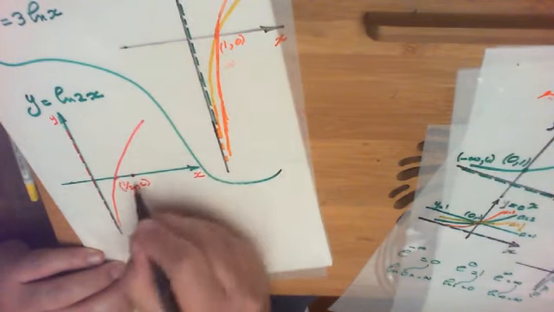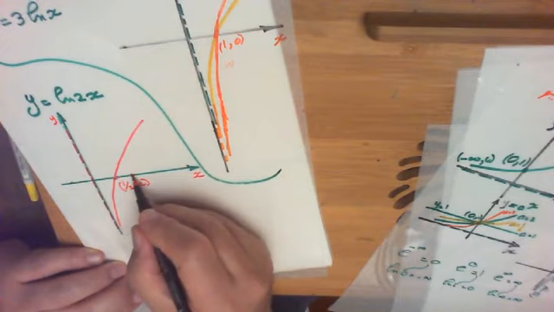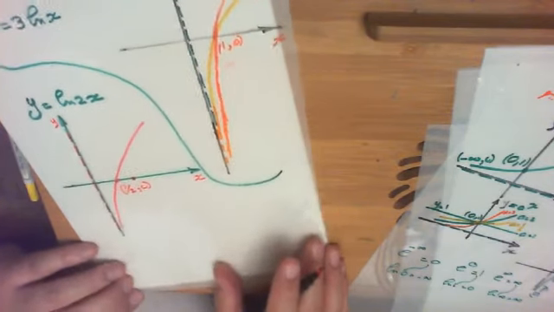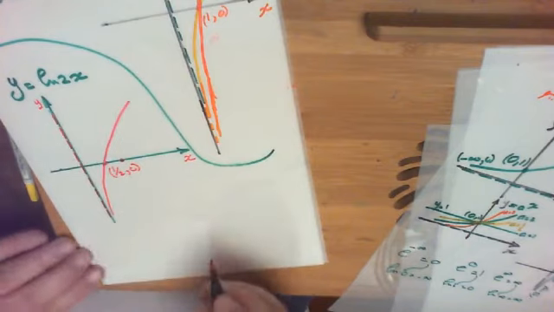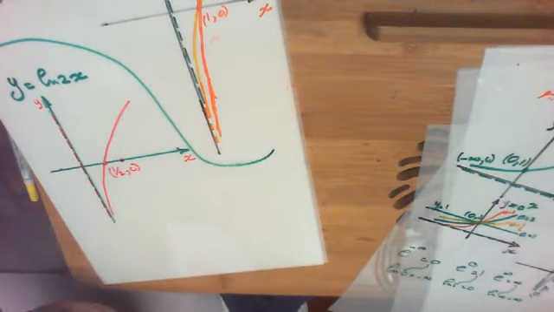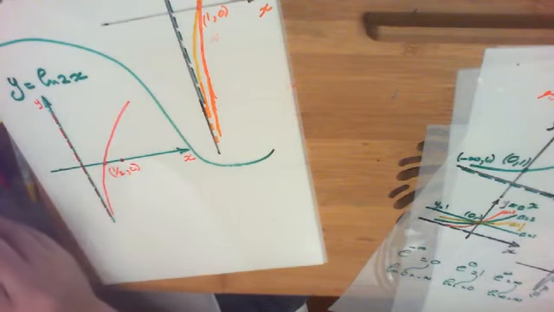It would intersect the x-axis here. Also, we have a third curve to discuss.